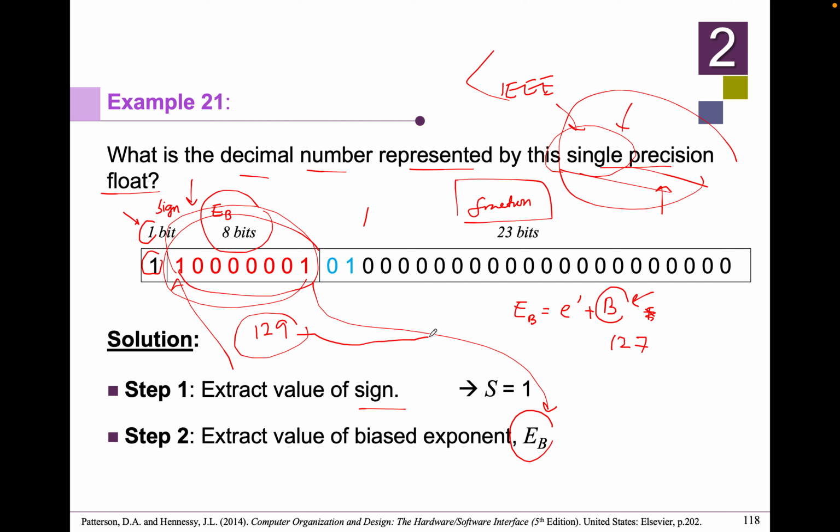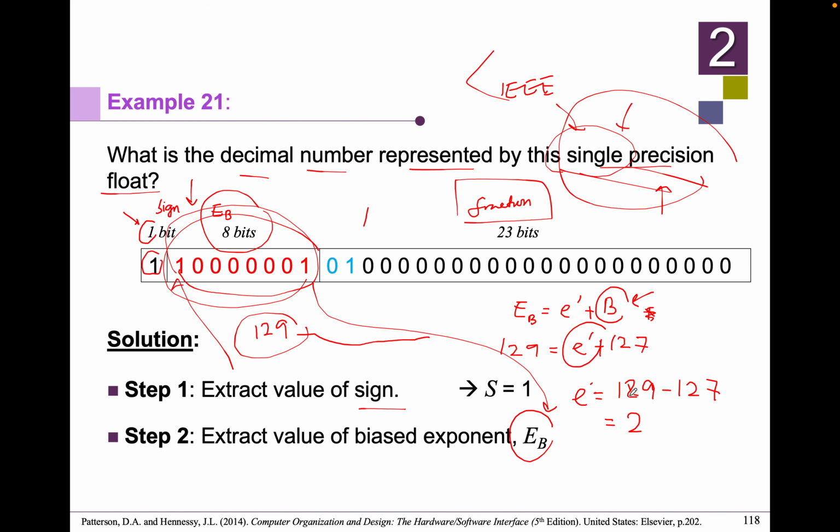So this value, 129, equals E prime plus 127. If you want to find E prime, your exponent normalization, you get 129 minus 127, and the answer is 2.